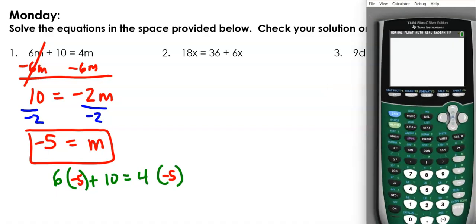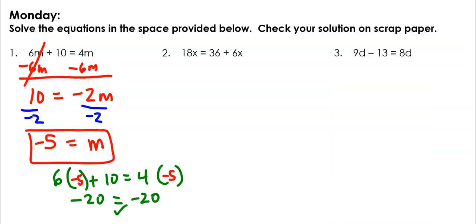So for us, we would compute 6 times -5, and I type it exactly how I see it, with the parentheses. So I got a -20 on the left-hand side, and then on the right-hand side, 4 times -5 in parentheses as well. And if the two numbers match, the answer checks.